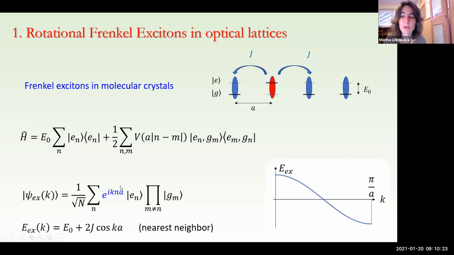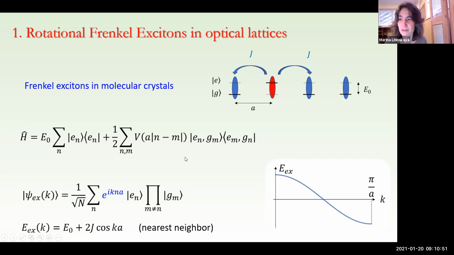And each molecule has such a phase factor. And k is the wave vector of the exciton. And it's how the energy of the exciton looks like in k space. In the nearest neighbor approximation, it is just a cosine. So J cosine k times a. Yeah? So these are the eigenstates of the Hamiltonian, known as Frenkel excitons since 1931.